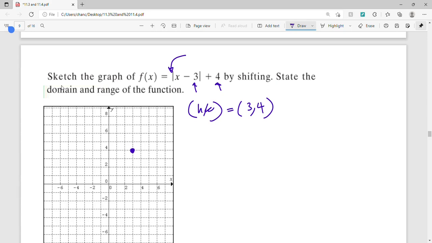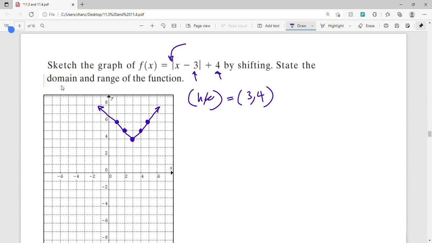We have left 1, up 1 as our second point, left 2, up 2, and you always restart at the vertex, right 1, up 1, right 2, up 2. So this is our absolute value graph. All that happened was it got shifted to the right 3 and up 4.